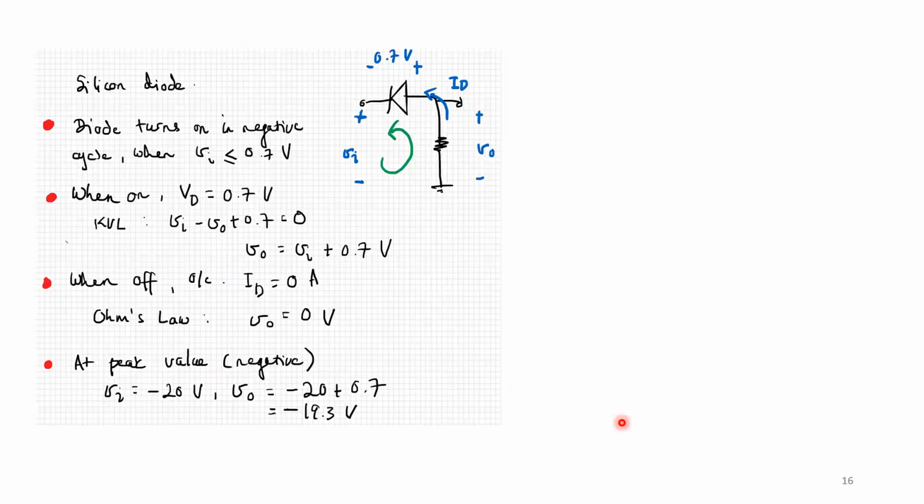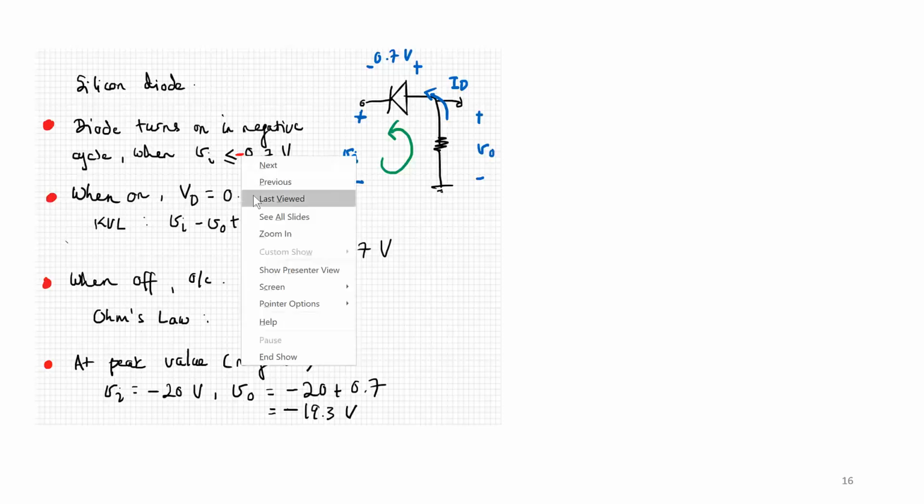The same circuit with the diode connected the other way around, but it is now a silicon diode. It's the same thing, but the diode turns on in a negative cycle only when Vin is less than 0.7 volts. It's actually negative 0.7 volts, if I should correct myself there. This one here should be a negative 0.7 volts.